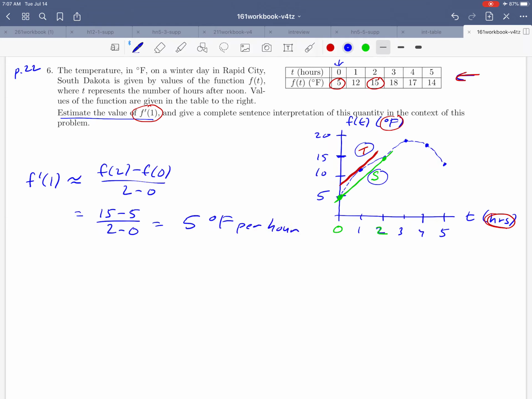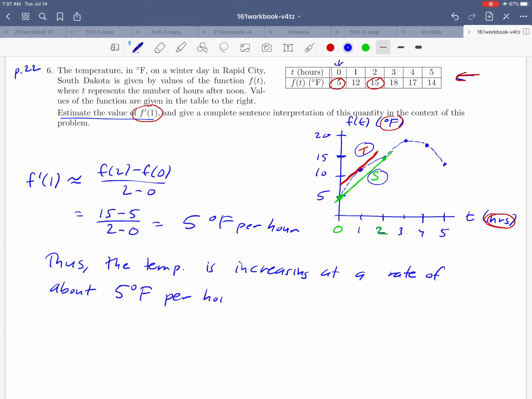So you can think of that 5 as representing our best estimate of the rate at which the temperature is changing at t equals 1 hour. It tells us that it's increasing at a rate of about 5 degrees Fahrenheit per hour at t equals 1.